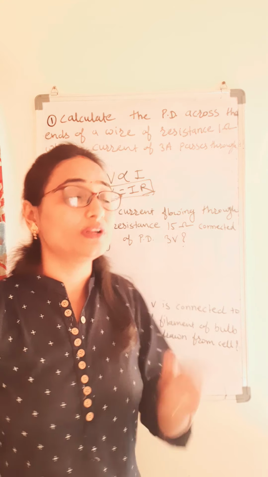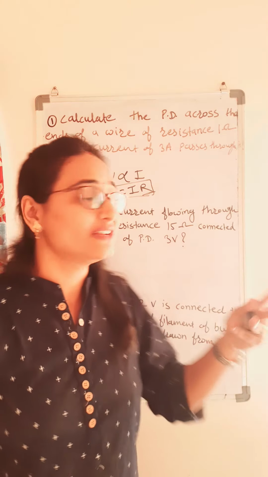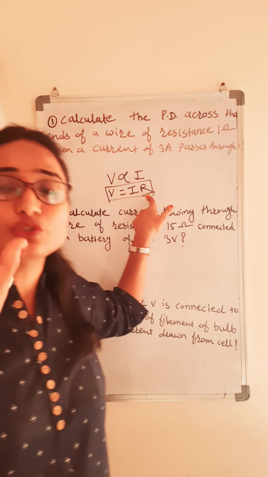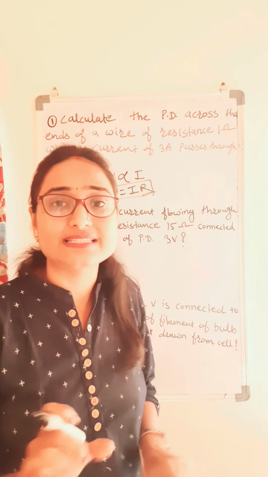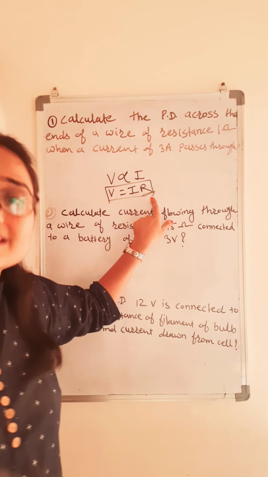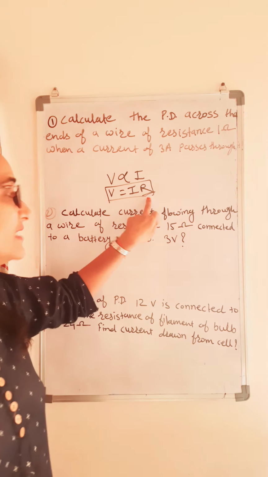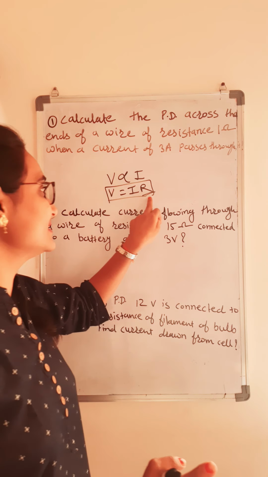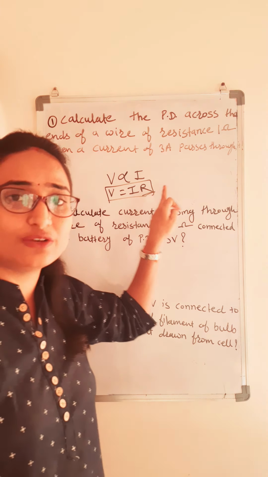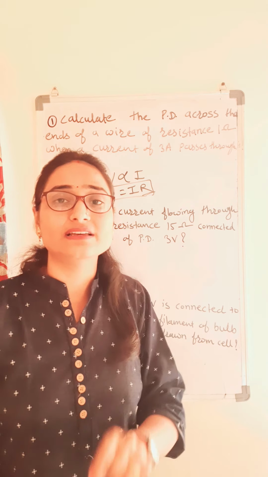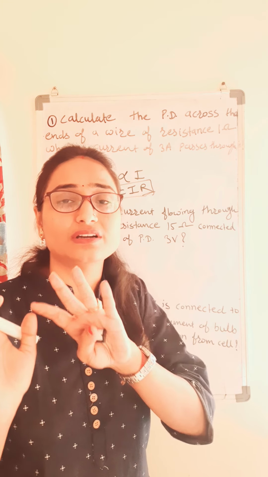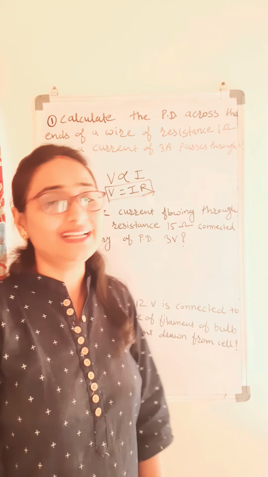We will talk more about resistance in the next video, because we have a separate topic of resistance in this chapter. Just keep in mind that resistance is a material property which opposes the electric current.